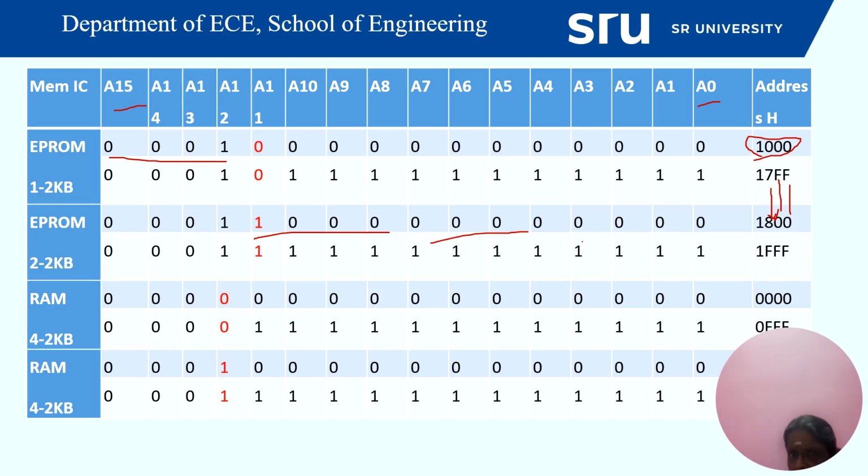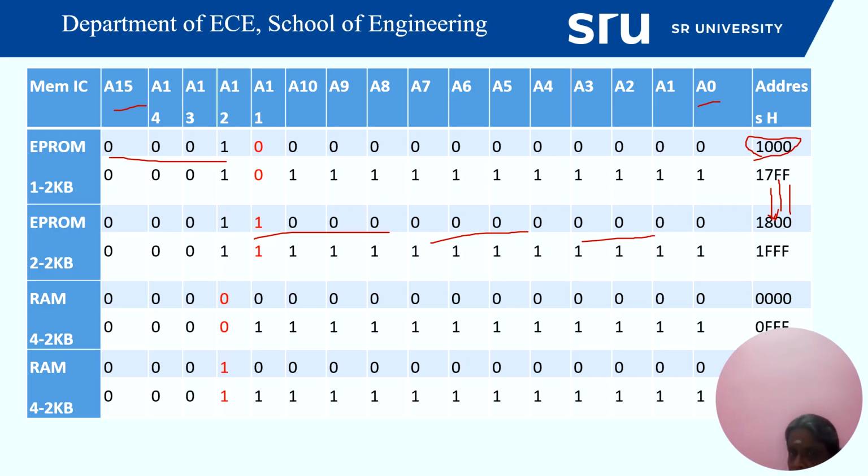Now from this address, 2 kilobyte capacity should be covered. And for 2 kilobyte, what is the value? It is 7FF. In the previous slide, I have explained.